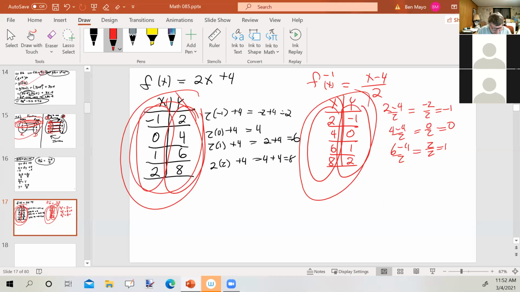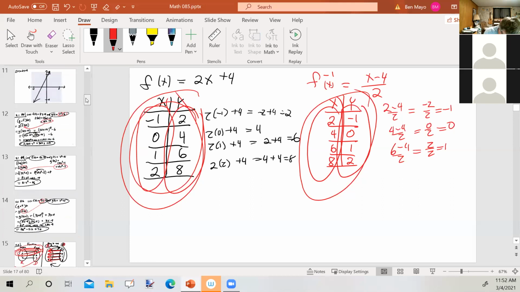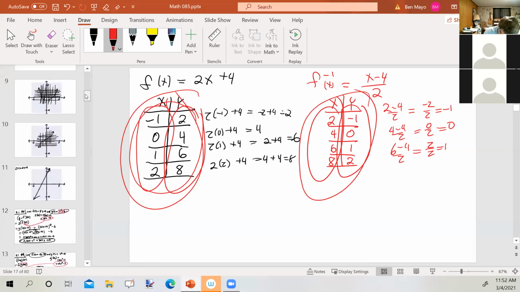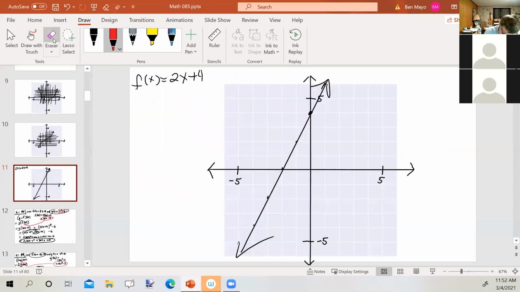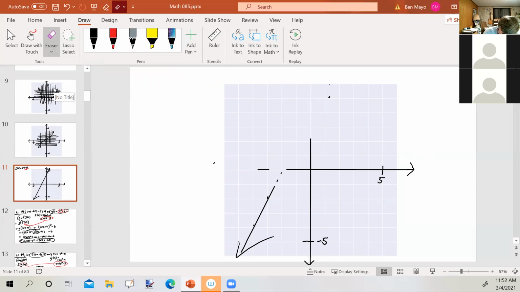Okay. Now I'm going to go back here and let's delete or erase. Oops, come on, eraser. Don't fail me now. I erased more than I wanted to there.